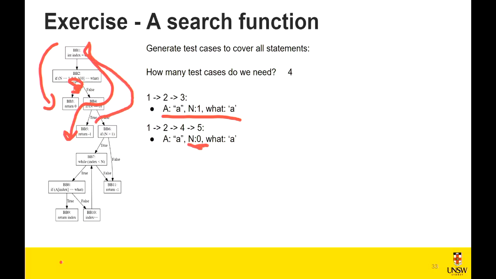And what about this one here? What about 1, 2, 4, 6, 7, 8, 9? Can you think of a test case to satisfy this path? So the first condition has to be false.